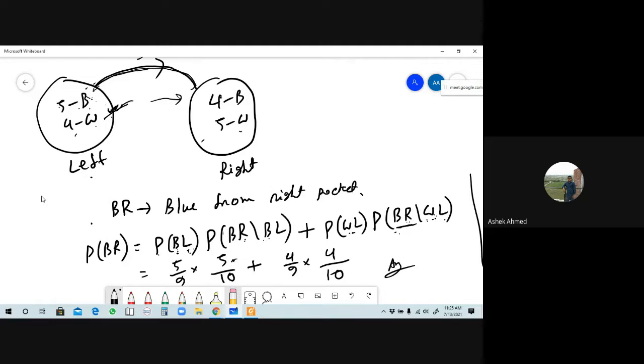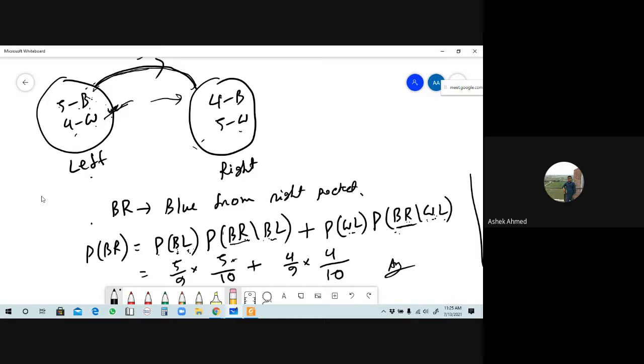Using this concept, we have to choose here a blue marble from right pocket. So that will be here a probability of BR, that means blue from right pocket, given that this will be given here blue from left pocket. And another category is here white from left pocket.